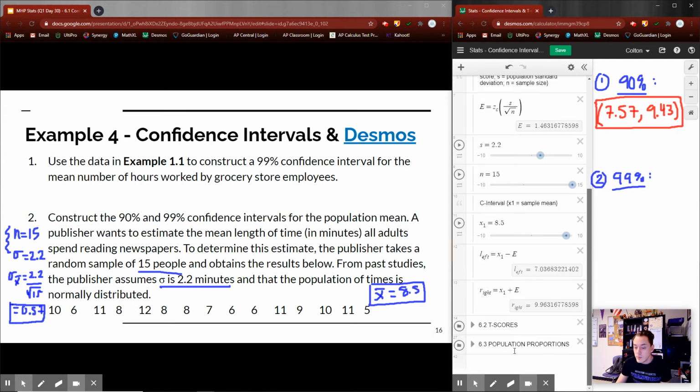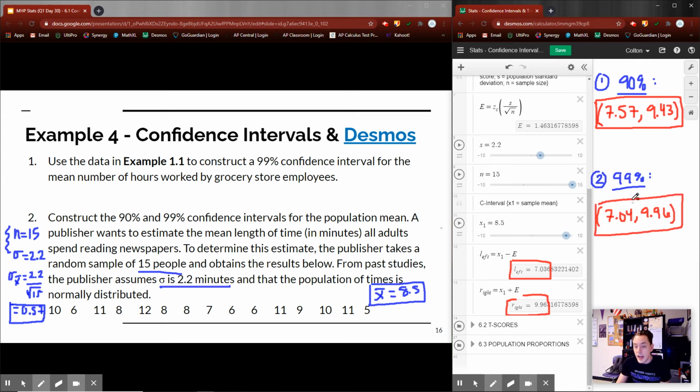So now let's go back and find out what this is. This right here looks like 7.04. And then this is 9.96. Okay, 9.96. And that is my confidence level for 99%.